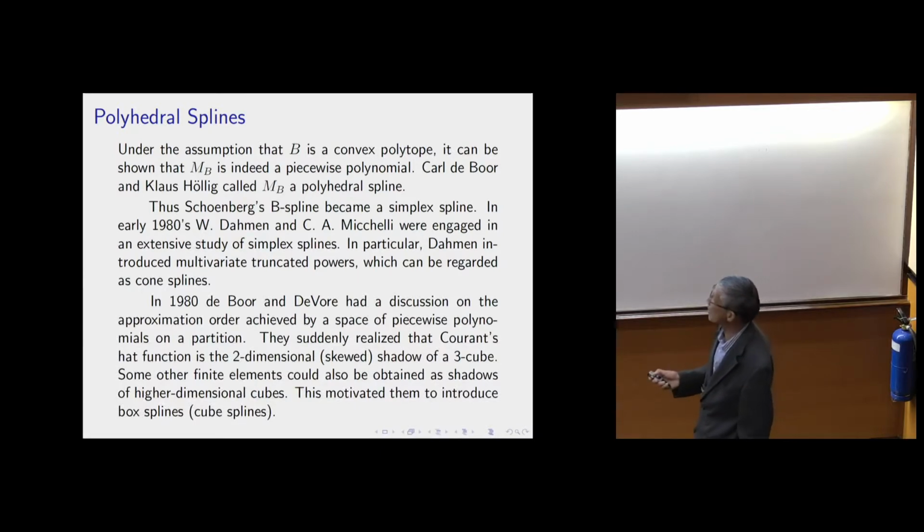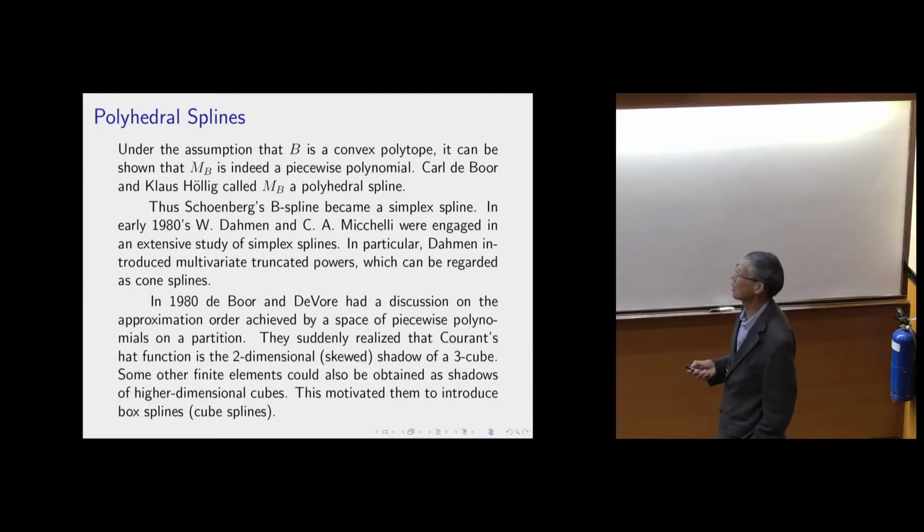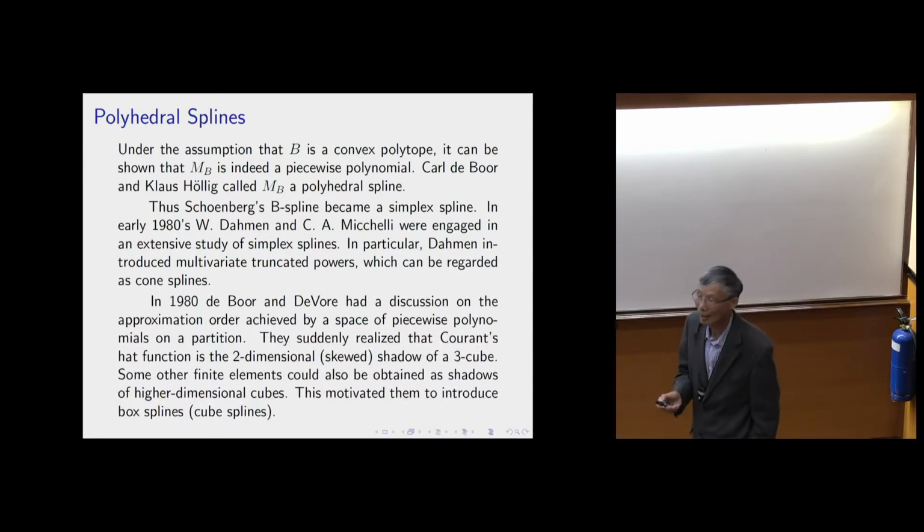Then some other finite elements could also be obtained as shadows of high-dimensional cubes. We can say this is in the spirit of Schoenberg's B-spline. This motivated them to introduce box splines. Carl de Boor emphasized several times that box splines were introduced by de Boor and de Boor. But often many people did not know this. Well, it was all Carl.